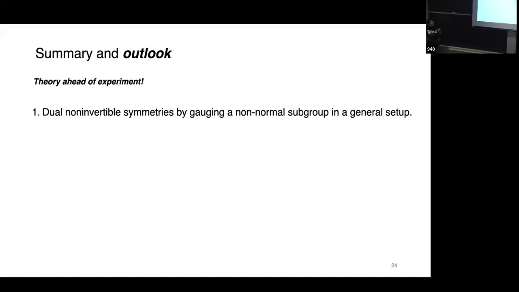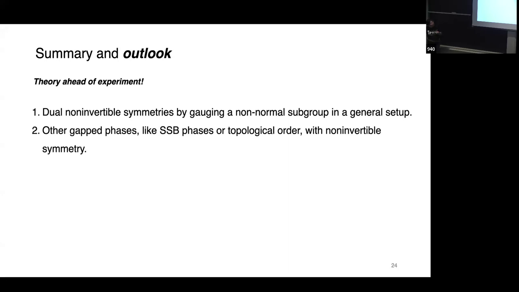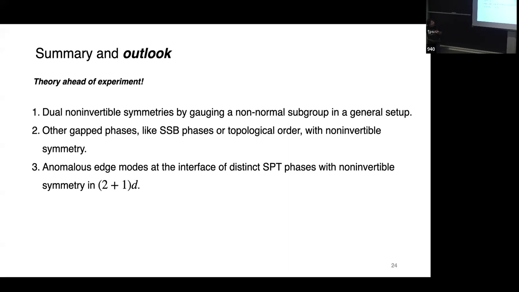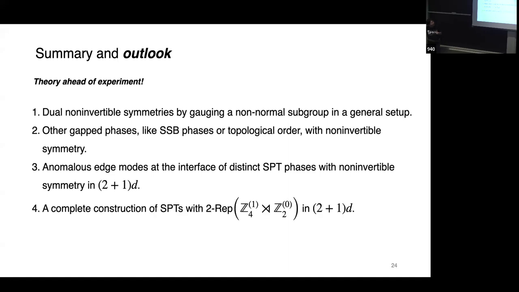And there's some physical outlook. So the dual non-invertible symmetry by gauging a normal subgroup in a general case could be interesting. And other gapped phases like the SSB phase or topological orders with non-invertible symmetry could still be interesting. And it is interesting to study the anomalous edge mode at the interface of different SVT phases with non-invertible symmetry in 2+1D.